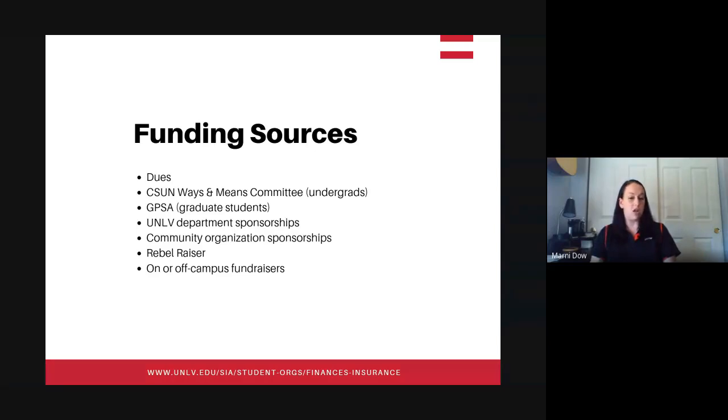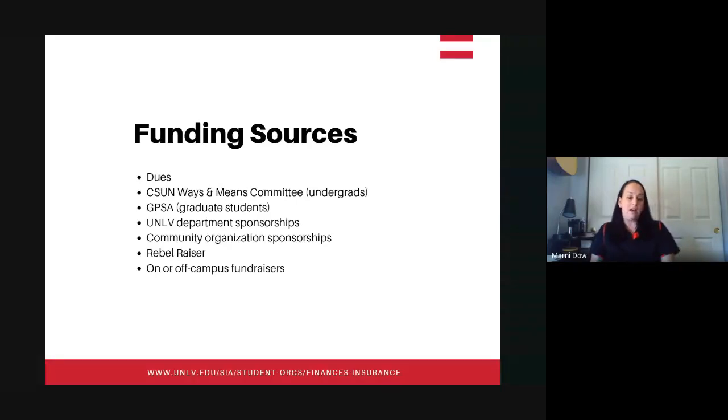CSUN, the Undergraduate Student Government, offers some funding to student organizations through the Ways and Means Committee. We'll talk about that in much more detail a little bit later. GPSA, the Graduate Professional Student Association, also provides some funding to graduate student organizations. UNLV department sponsorships: a sponsorship doesn't have to look like what you think, where a department hands them a check for money.